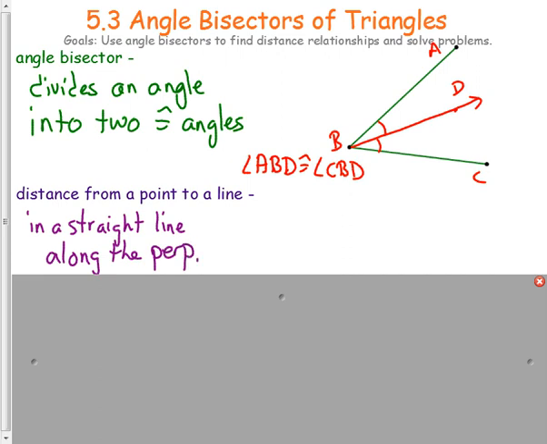So if we were trying to find how far D is from BC on this, we need to find that perpendicular and say this point is E. DE is the distance that D is from BC.